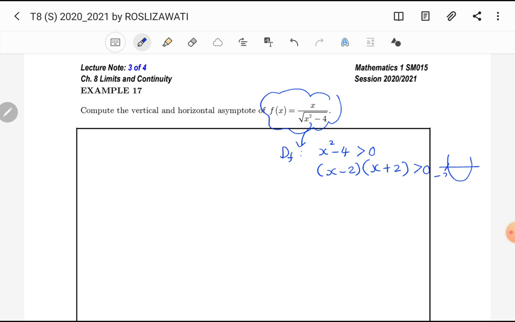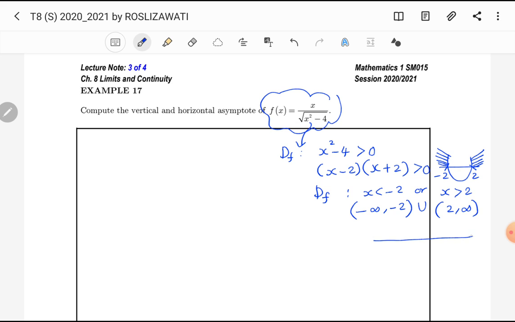So this is negative 2 and here is 2 more than 0, meaning on the upper part. So domain of f is x less than negative 2, and another one is x more than 2. Or we can write negative infinity negative 2 union 2 until infinity.